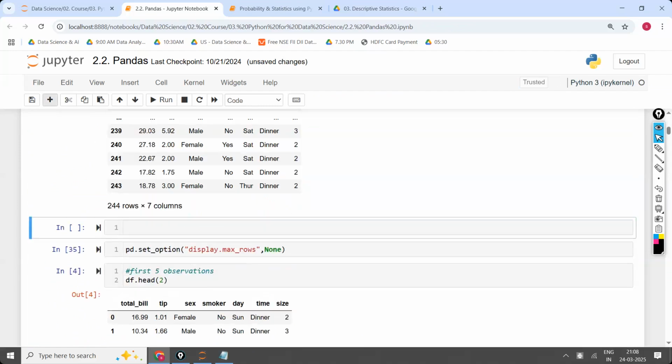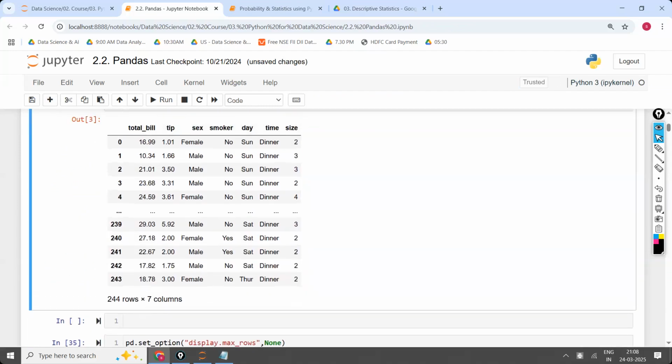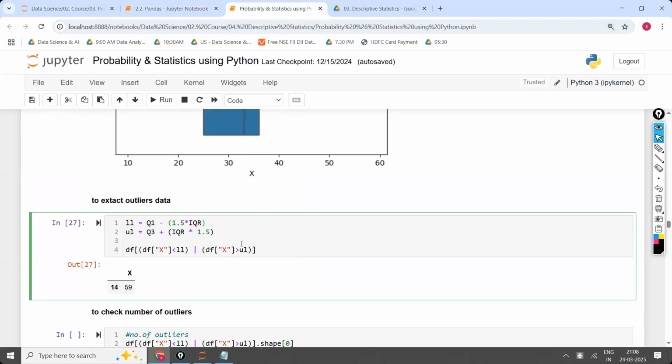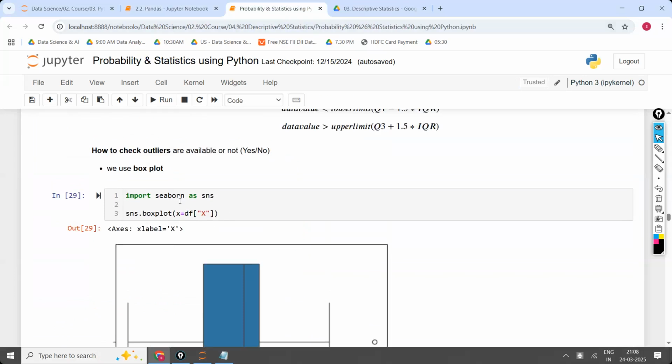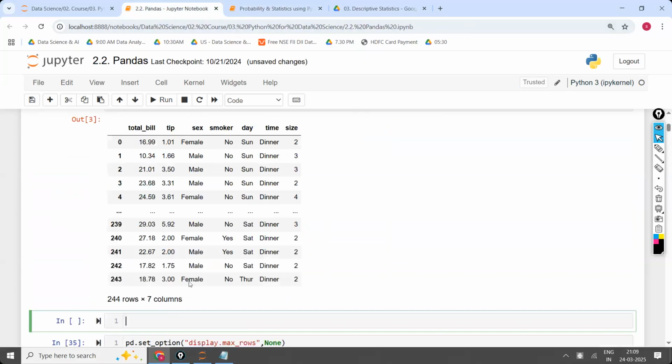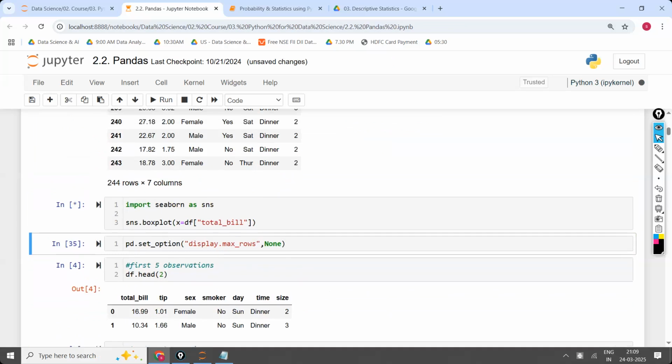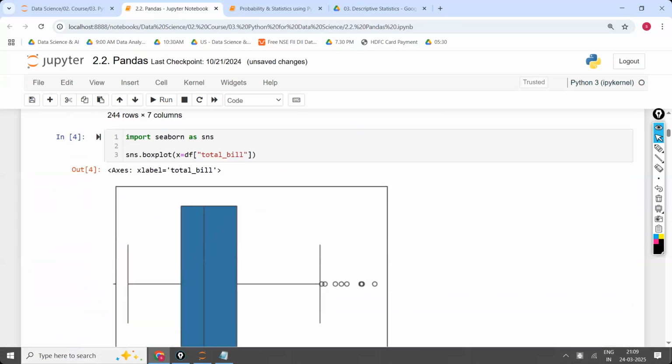Loaded. Now how to check whether outliers are available or not? From seaborn, I'm going to import the box plot, and here I'm going to give df of total bill, since I want the total bill column. Now when I apply, can you see how many are there?